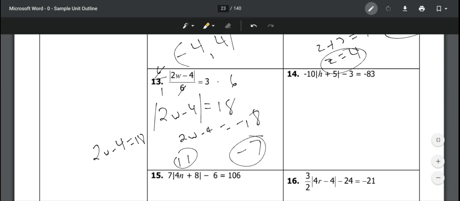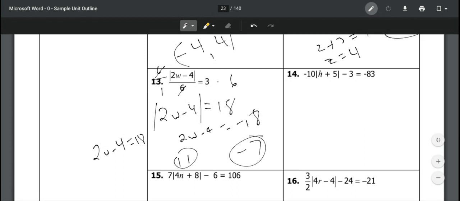Okay, the next one, I was going to erase that stuff there. There we go. Okay, so on this one, we see that negative 10 is being multiplied by the absolute value, but we also have a minus 3. So we are going to get rid of the minus 3 first.